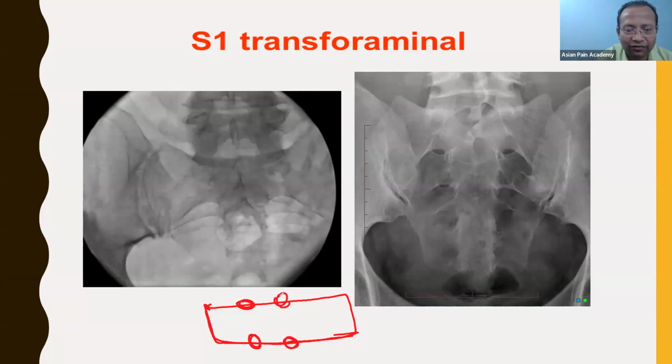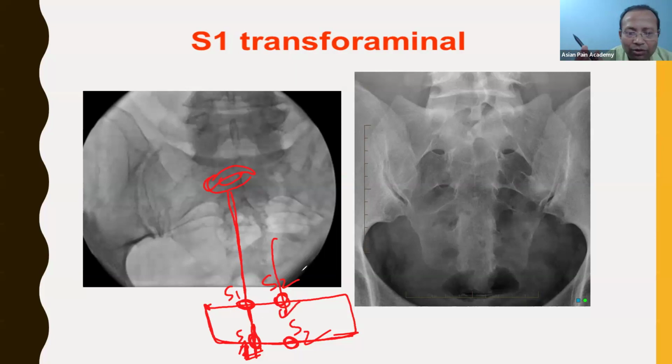Say this is S1 posterior, S1 anterior, and this is S2 posterior, S2 anterior. So what will happen? Your fluoroscope will see from here, and you will just enter the needle in a 90-degree position, and it will come through the posterior foramen and come out in the anterior foramen. I mean, it can come out. If you don't enter much, then it will remain here in the epidural space.